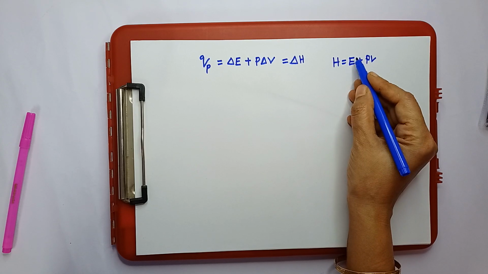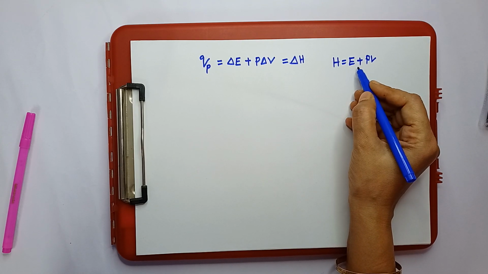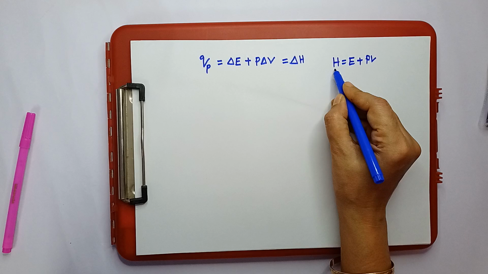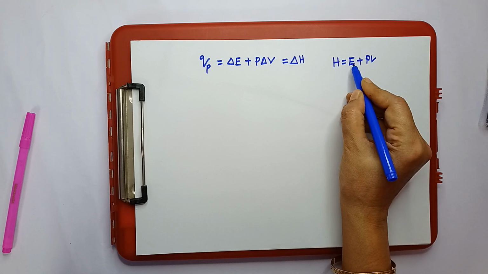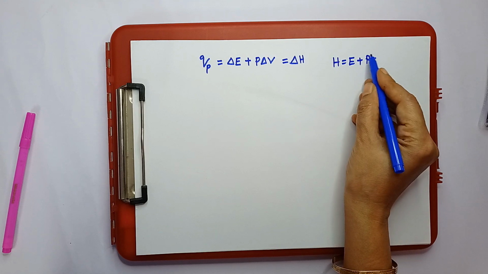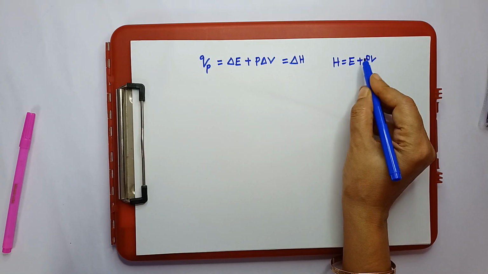Increase in internal energy means increase in temperature. So enthalpy is equal to this thermal energy, the internal energy, plus the energy of the pressure volume work.